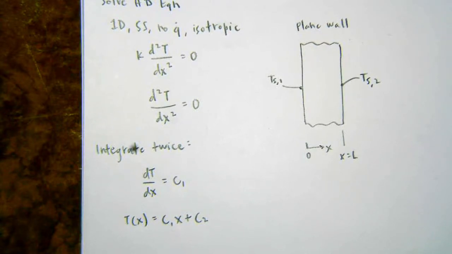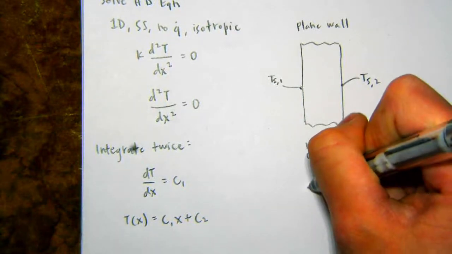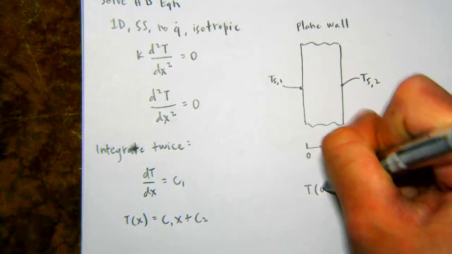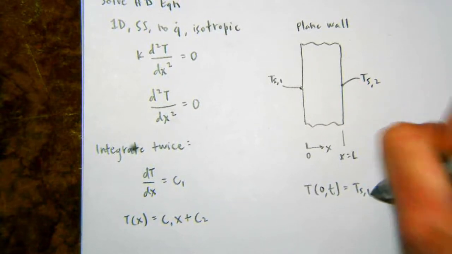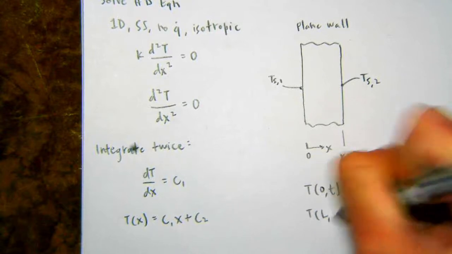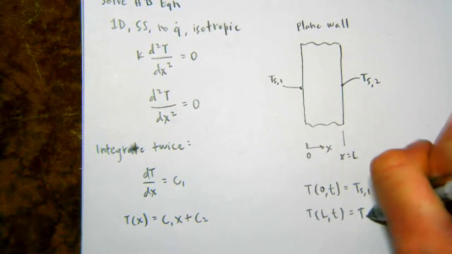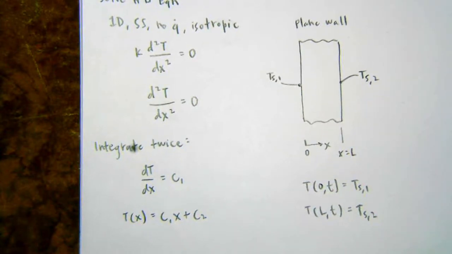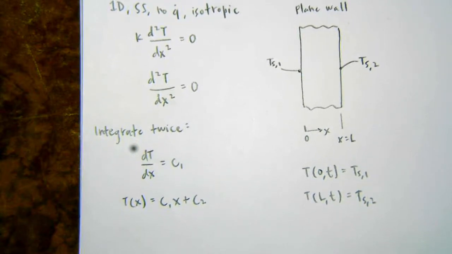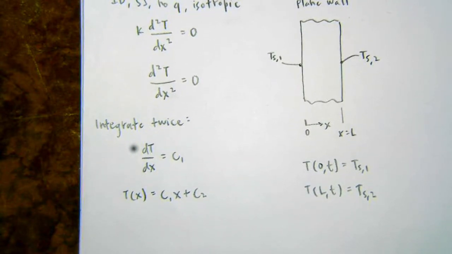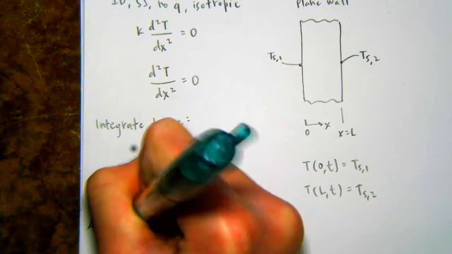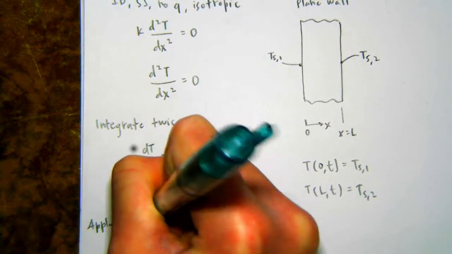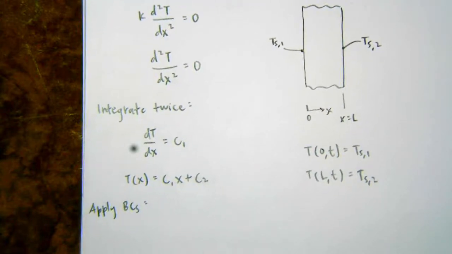So we want to plug in our first boundary condition. So if we write these mathematically, T at x equals 0 for all time equals T_s1, and T at x equals L for all time equals T_s2. So now apply the boundary conditions to this general form.